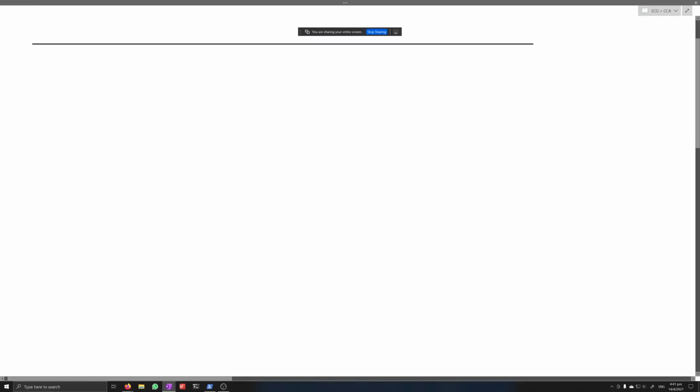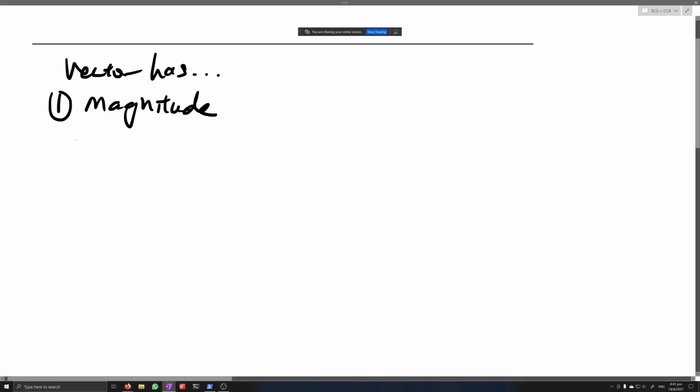So in physics, we normally associate vectors as a quantity that has both a magnitude. Okay, let me just write here. A vector has magnitude and a direction, right?